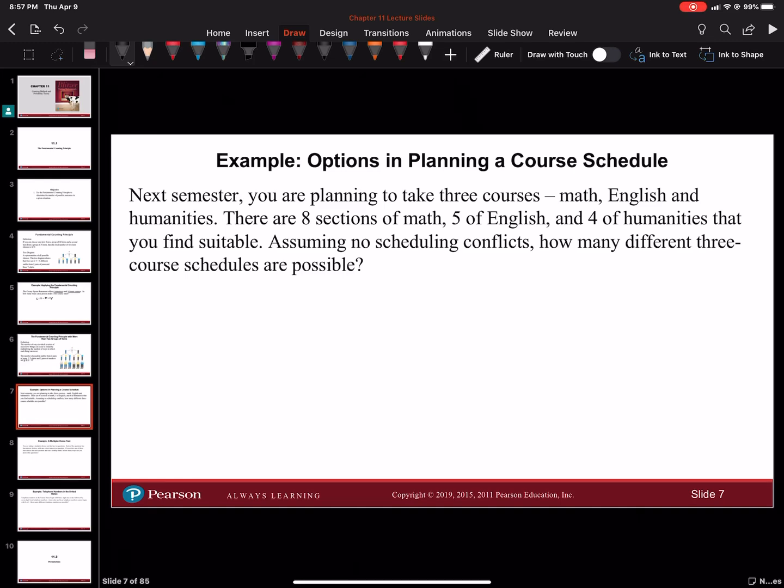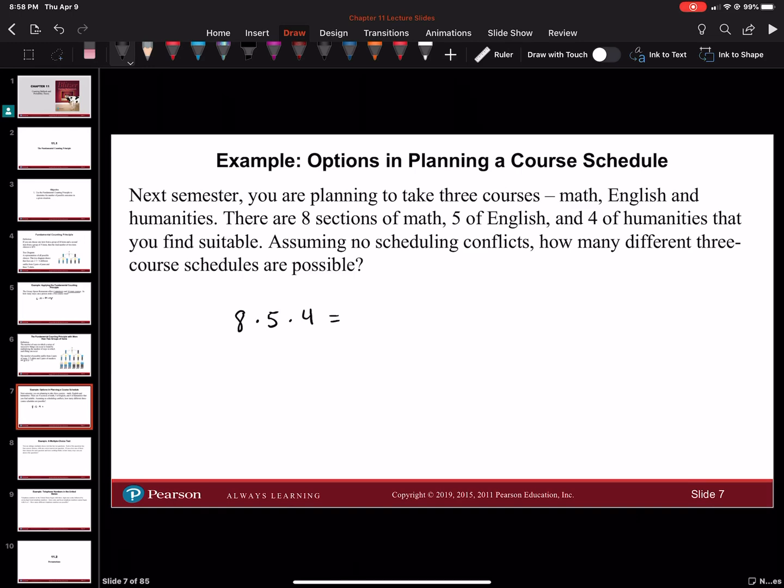So, since we already know that we have 8 sections of math, then we have 5 sections of English, and then we have 4 sections of humanities. So when we go through this and multiply throughout, we get 5 times 8, which gives me 40.